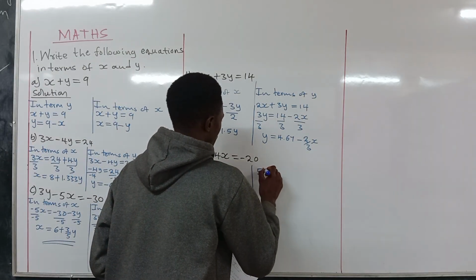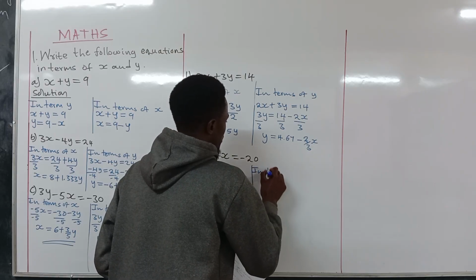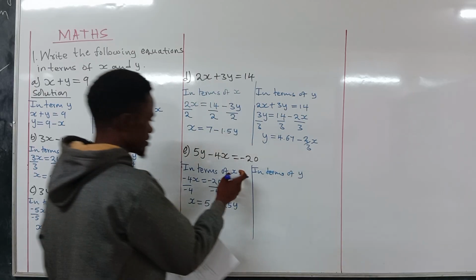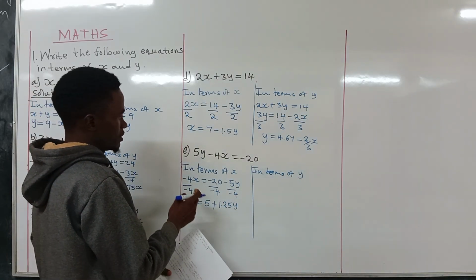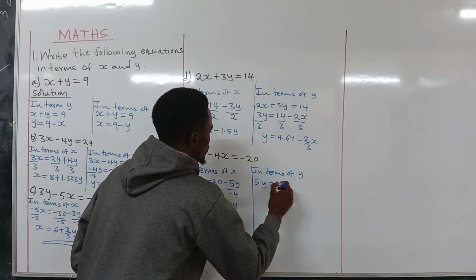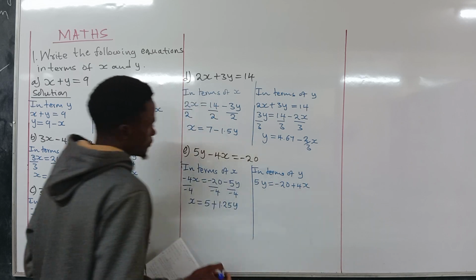So we can have it also in terms of y. This was in terms of x, and now in terms of y, it's going to be 5y is equal to minus 20 plus 4x. Why 4x?